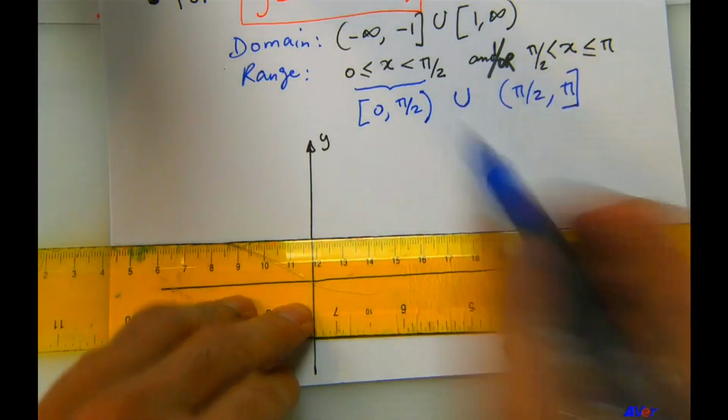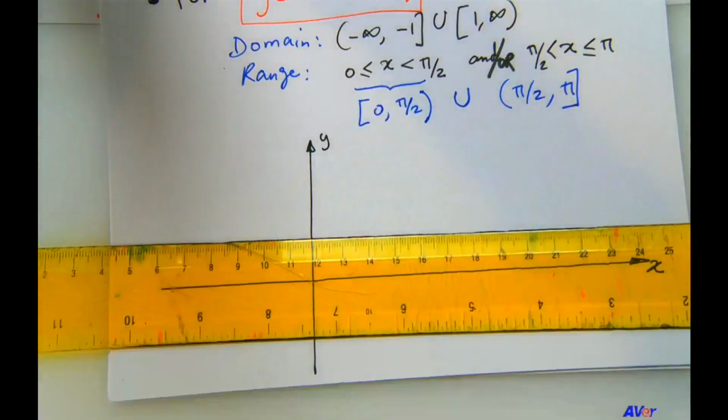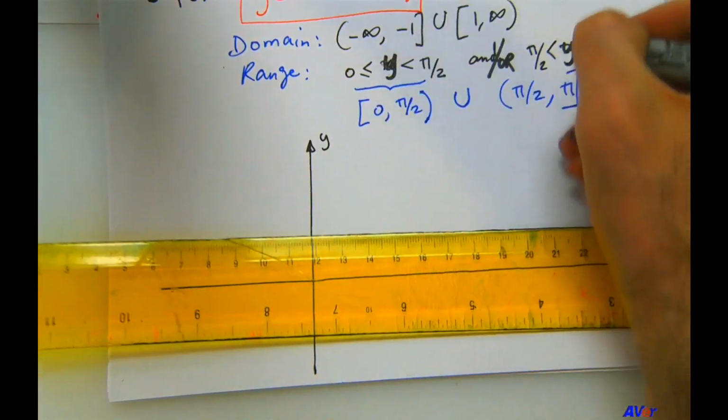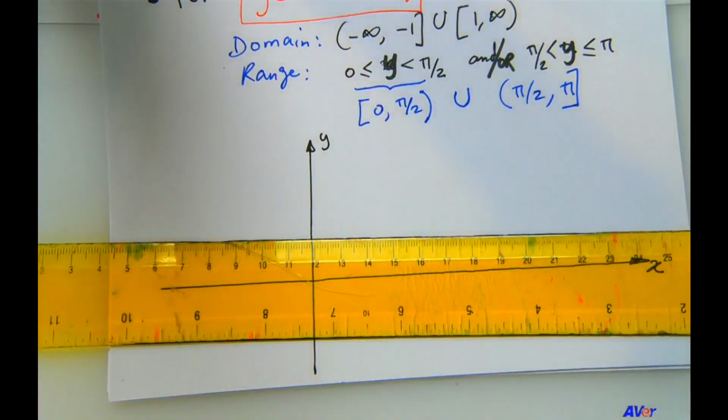When I talked about range, guys, I should say y. Sorry about that. So I should make this y and this y. And let's see, what else did I? So the other ones should be on page 10 and 9.